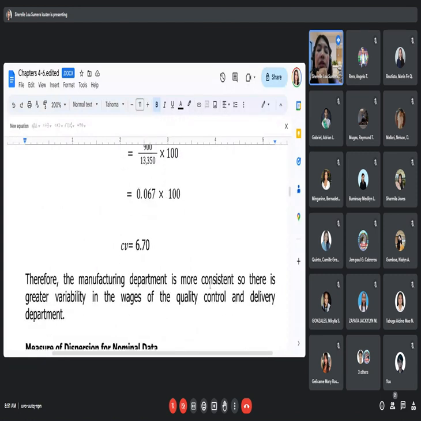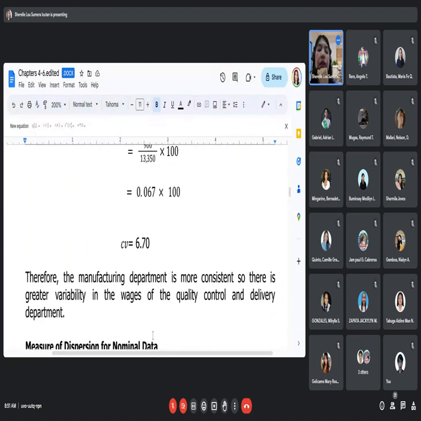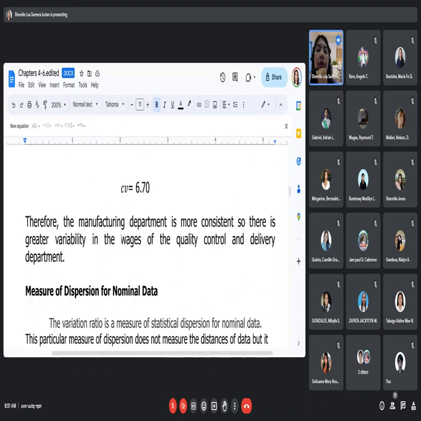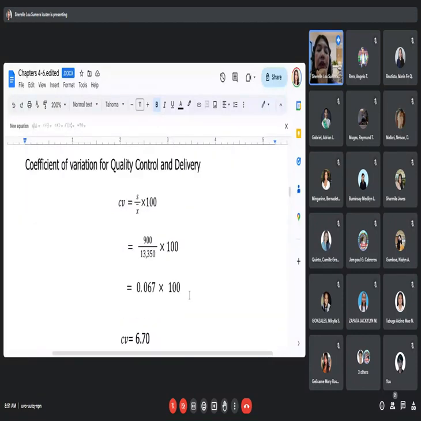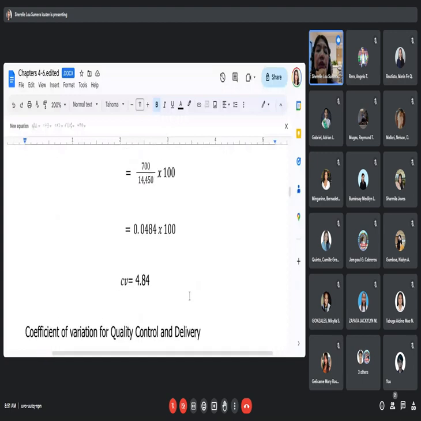Ano yung term na consistent? Therefore, the manufacturing department is more consistent. Siguro maganda na yun na ilagay dito. Ano ang ba ang mas malaki? 4.84.